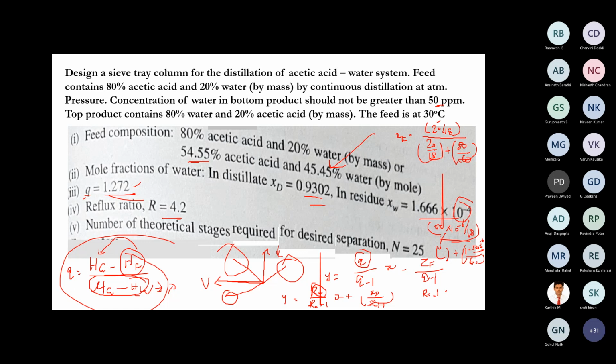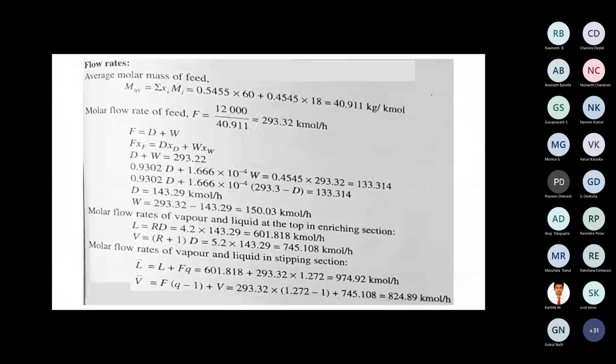So 1.5 to 2 times you can go. R actual you can select as 1.5 to 2 times of Rm. Then you can calculate the new value of XD by R plus 1 for the new value of R. Then you can mark the new line. Then you have to go for two sections. In a distillation column you may have two sections, that is the stripping section and the enriching section.